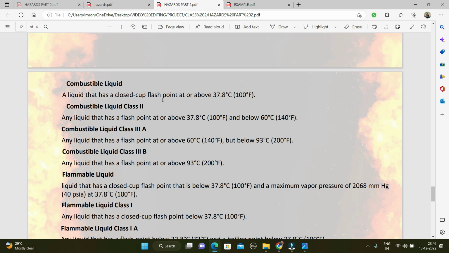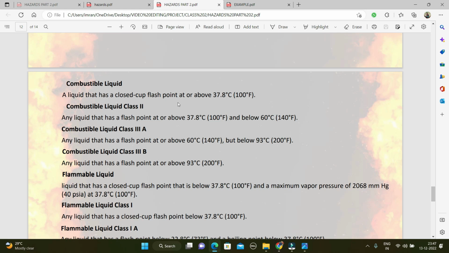Flash point is the lowest temperature at which that material can vaporize and mix with the air and make a mixture in that area. If we ignite it, then it will ignite very fast.